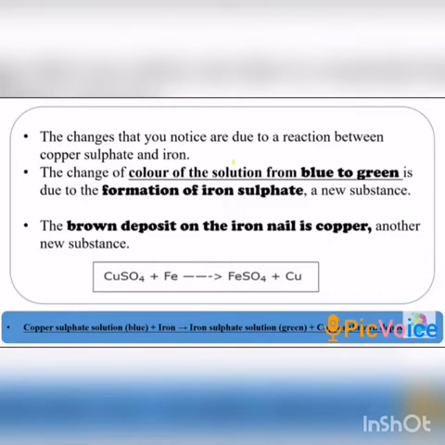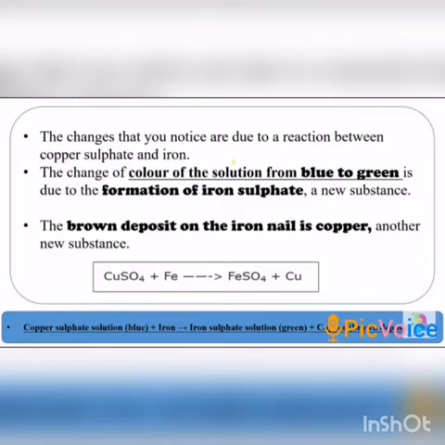This is a brown color deposit. That is the copper. Yes. This is a chemical equation. Already I have told you, children, in writing a chemical equation, we have to write the reactants on the left hand side and products on the right hand side. What are the reactants here, children? Copper sulfate and iron. And we have got two new products in this chemical reaction.